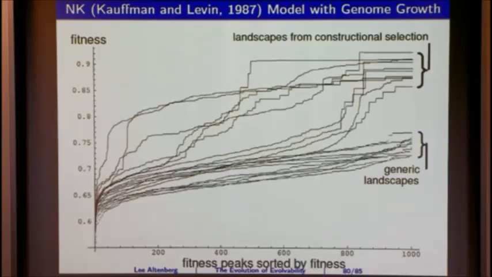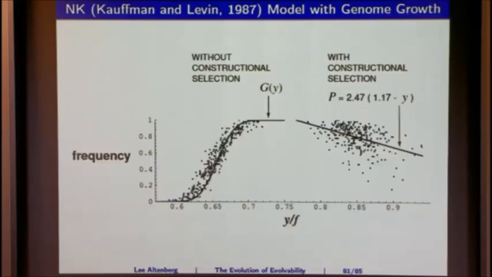And this is the distribution of those fitness peaks sorted. And so our more realistically evolved genomes have these large attractors to these fitness peaks, and they're completely out of the range of what you get from generic landscapes. And this again shows the distribution of fitness effects from our generic landscapes versus the ones that are actually evolved, and they're not even overlapping.